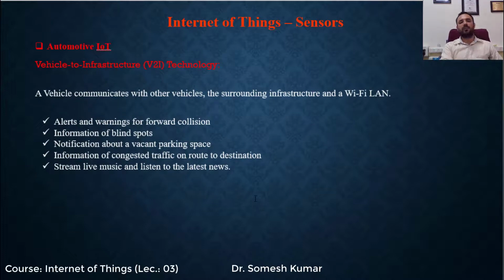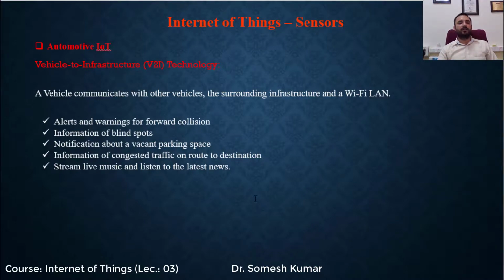Next one is vehicle-to-infrastructure technology. How your vehicle communicates with the surrounding infrastructure or Wi-Fi LAN. In this technology, it gives alerts and warnings for forward collision. If two cars communicate with each other, then they give a warning about how much distance there is to the car so you can avoid the collision.